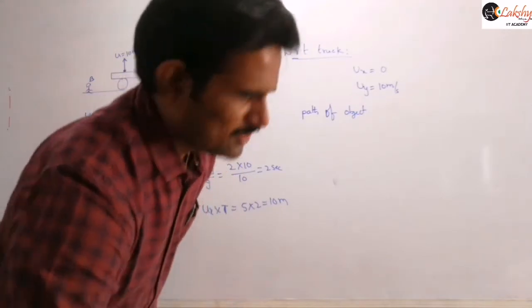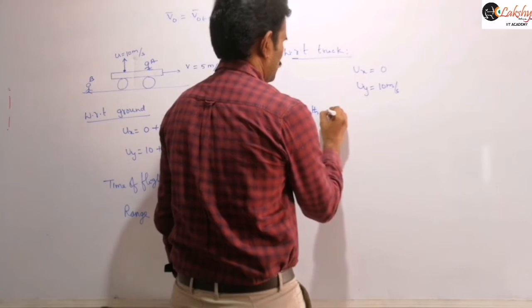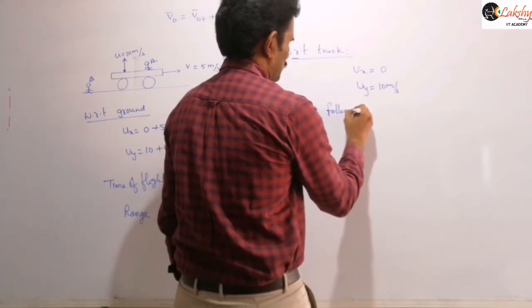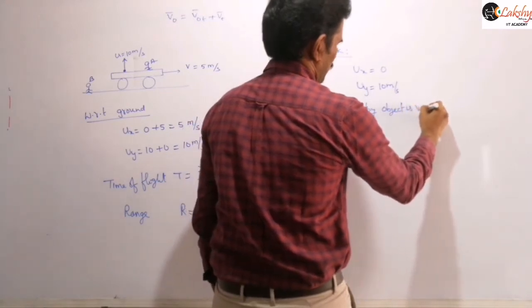Path followed by the object is a vertical line, right?